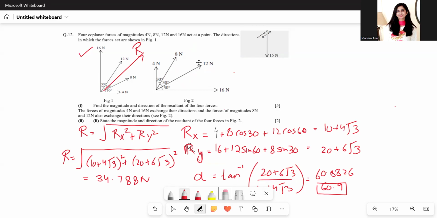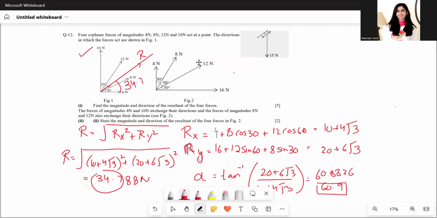And in fact, we know the angle of the resultant is 34.7, so it should be somewhere over here, slightly above the 30-degree angle. Okay. And also we know its magnitude. Now this resultant force will be somewhere over here, and this angle would be 34.7.